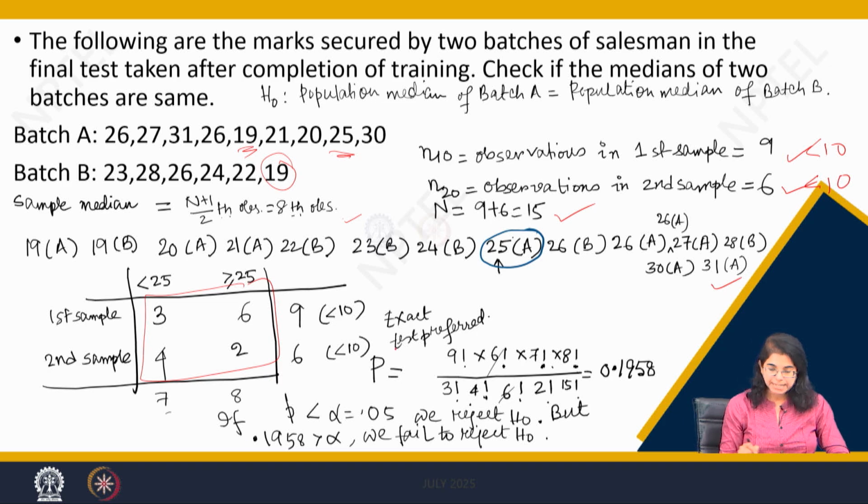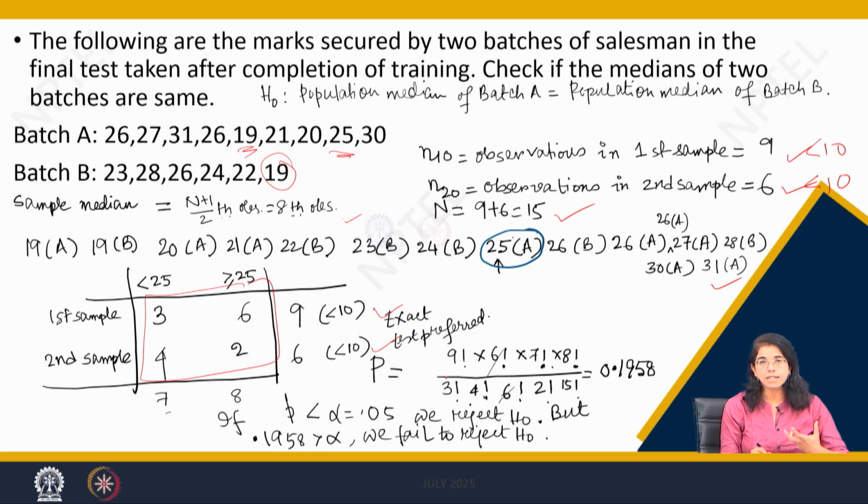Now for the probability, because the marginals are less than 10, we will stick to the exact probability calculation. And in exact probability calculation, you know the formula. The rest is extremely easy. Replace the values and the factorials.